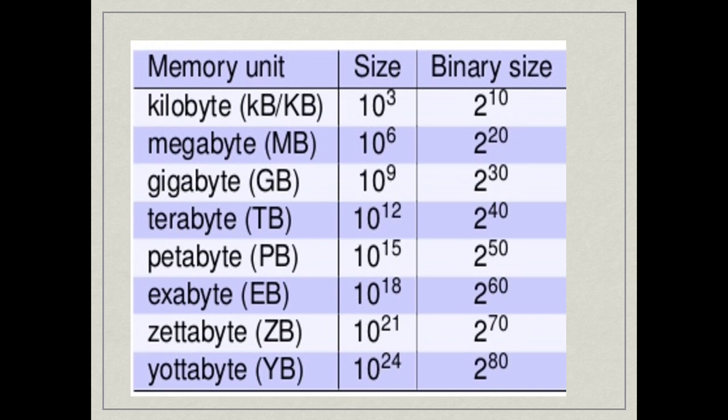Usually we measure memory in terms of kilobytes, megabytes, gigabytes, terabytes, petabytes, exabytes, zettabytes and yottabytes. You have seen many films which are a few gigabytes, and usually you have a laptop with a hard disk of 1 terabyte or 2 terabytes.